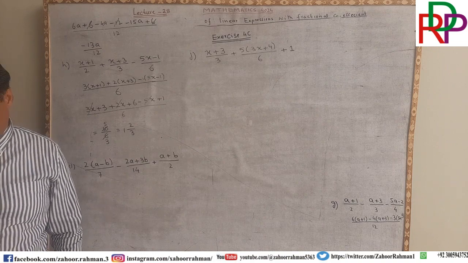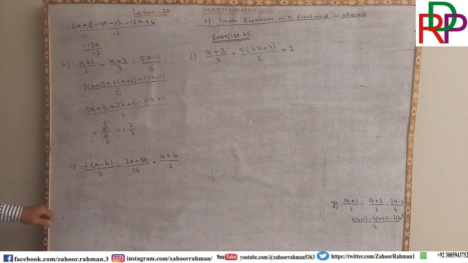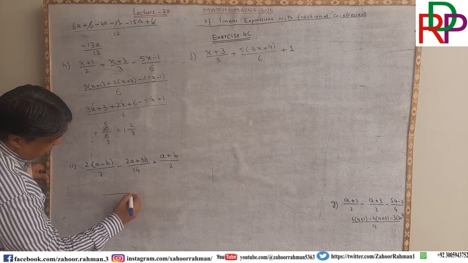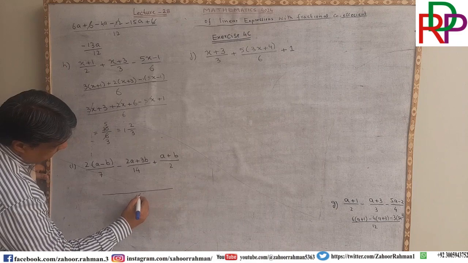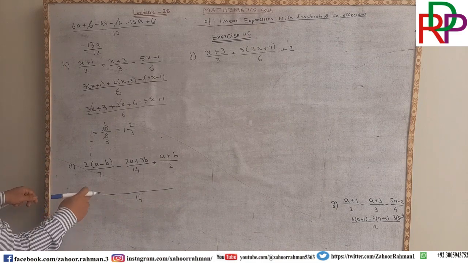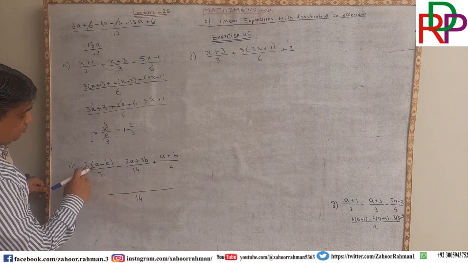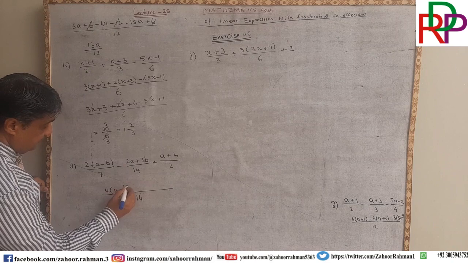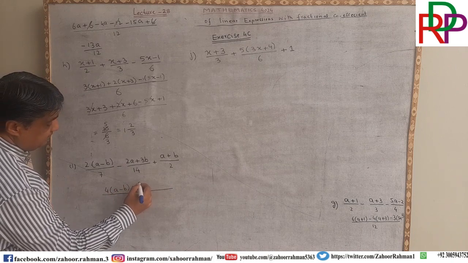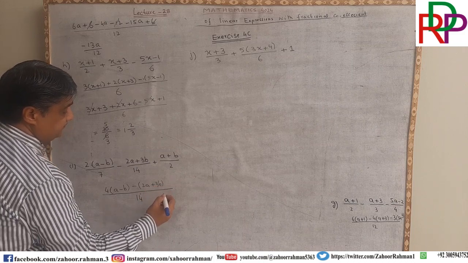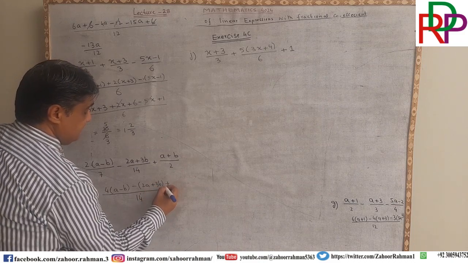Now the next part is given as this. First we have to take the LCM of these three, and that is 14. When we divide 14 by 7, 2 and 2 twos are 4a minus b, minus 2a plus 3b, and plus 7.